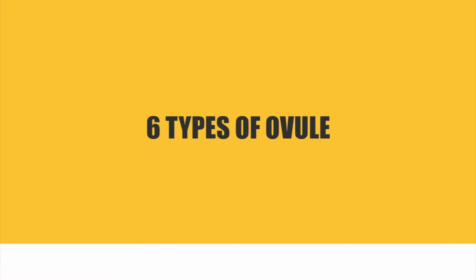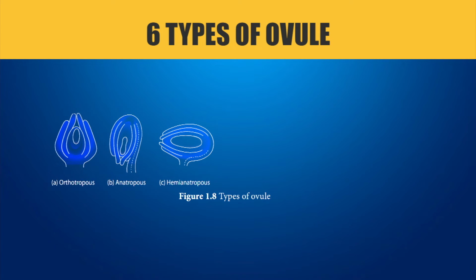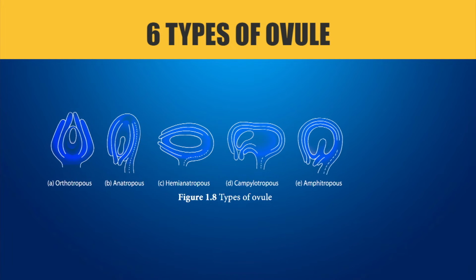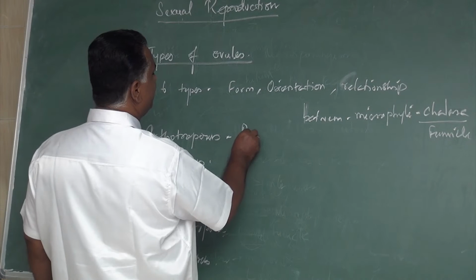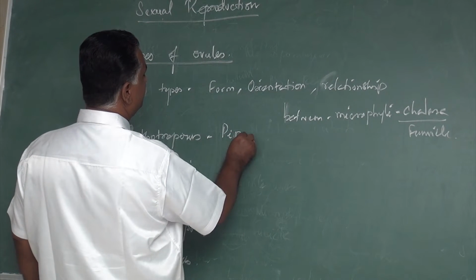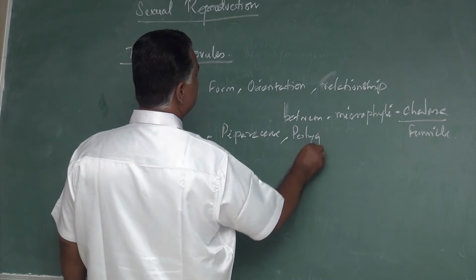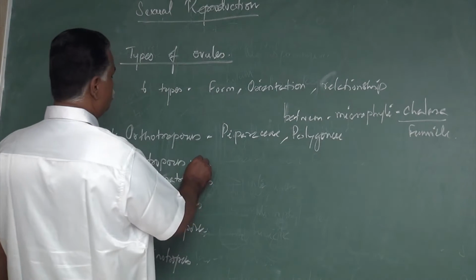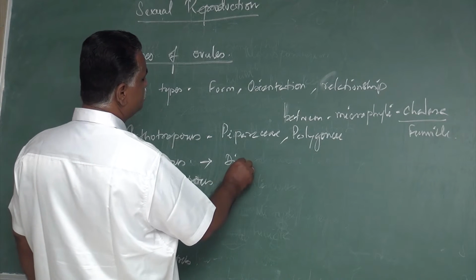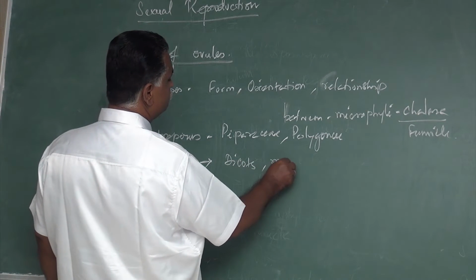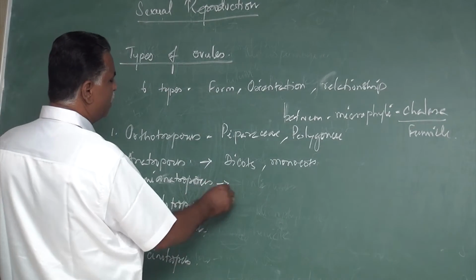Orthotropous, anatropous, hemianatropous, campylotropous, amphitropous, cyclotropous. Orthotropous ovule is found in Piperaceae and Polygonaceae. Anatropous ovule is found in most dicots and monocots. Hemiorthotropous is found in Primulaceae.